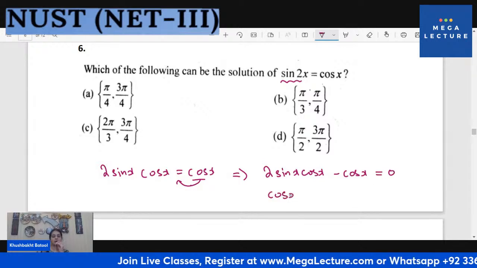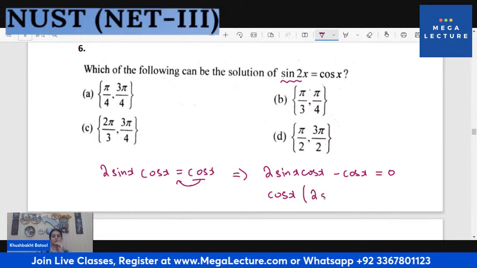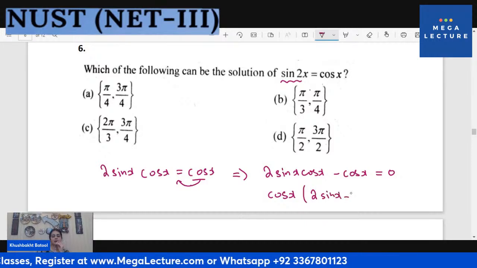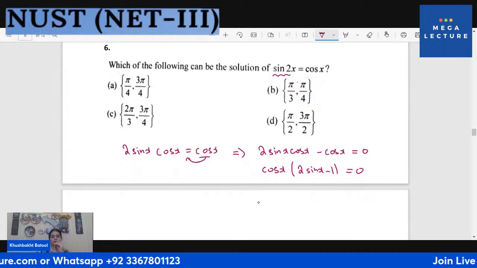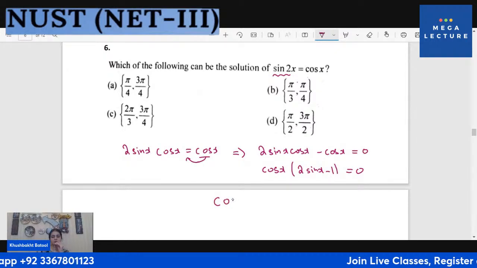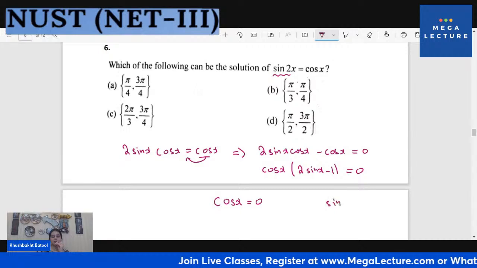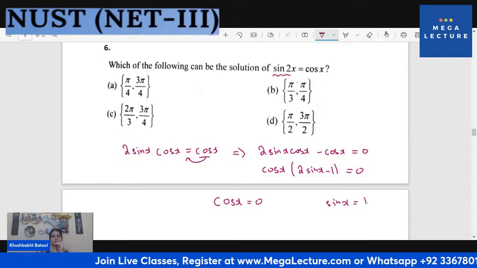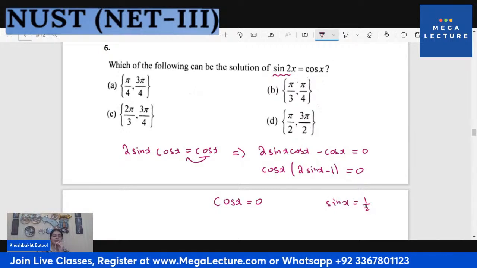I'll take cos x common, and it would give me cos x times 2 sine x minus 1 equals 0. And now cos of x is 0 and sine of x is equal to 1 by 2.